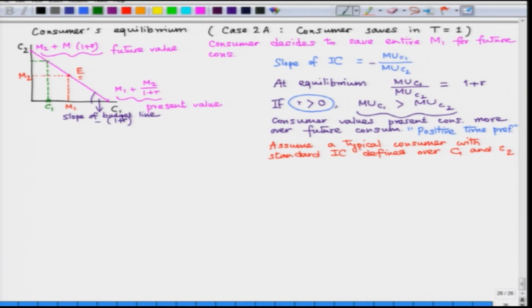So, this point on the budget line, let me call it point E1. So, that will basically give the consumption value C2, and we can draw an indifference curve which becomes tangent at this point E1.